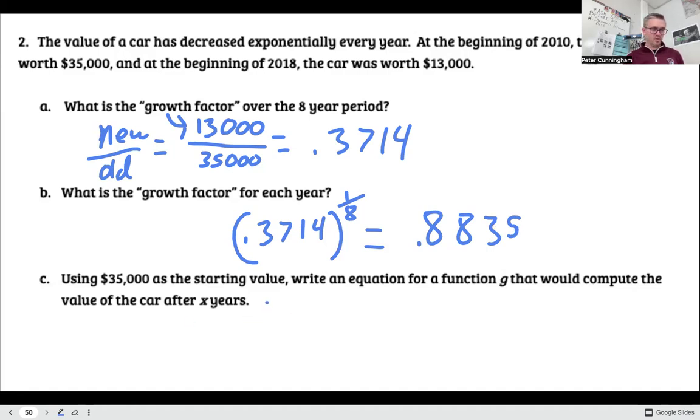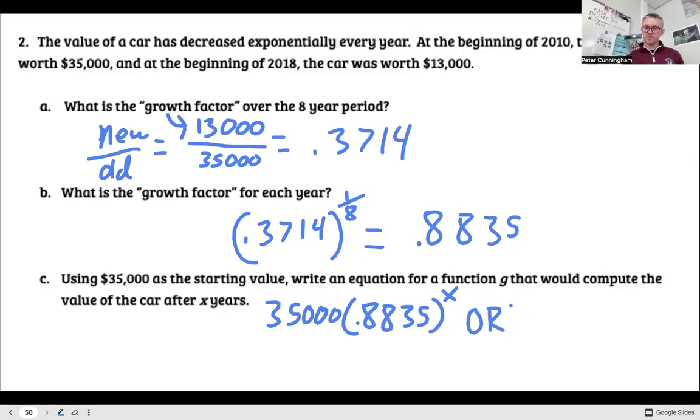Just like we could before, go with our starting value. If you decide to put the annual, aka yearly rate, that would be great. If you do that, you're going to go to the power of X without dividing your exponent.